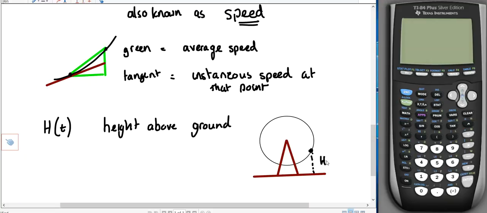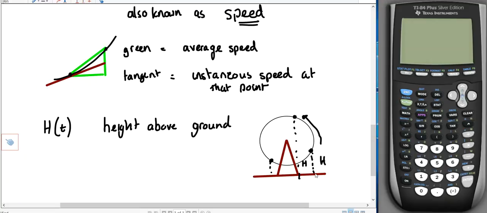I'll call it capital H because that's what we've got. And as time progresses, you obviously go round the Ferris wheel and you get higher. Now as we keep going round, you then get lower. And you go back and you keep going round. Now notice how I'm not looking at the horizontal distance, I'm only looking at the height. So the height will go up and down.